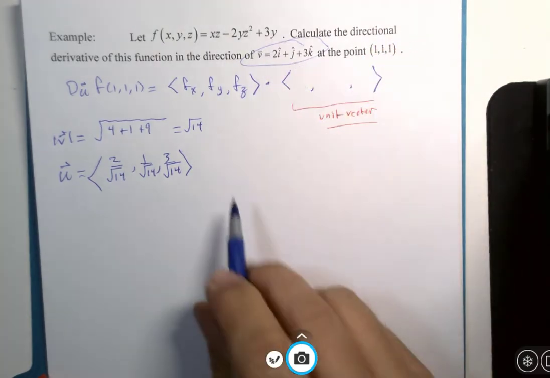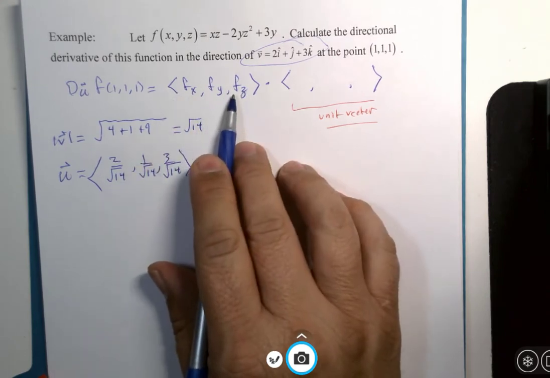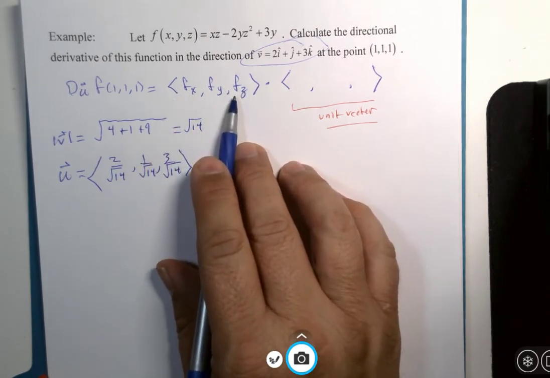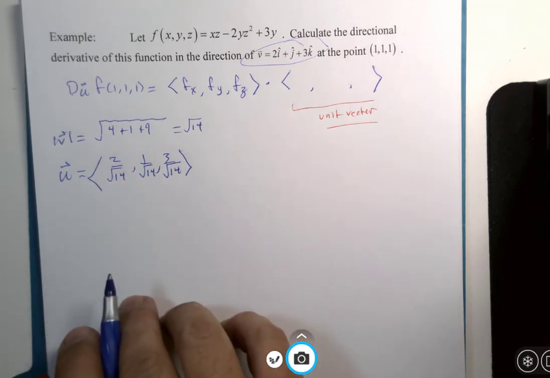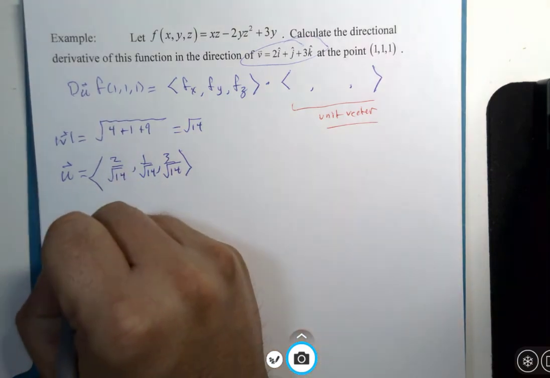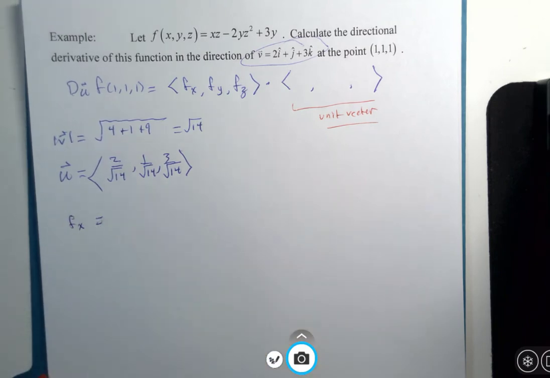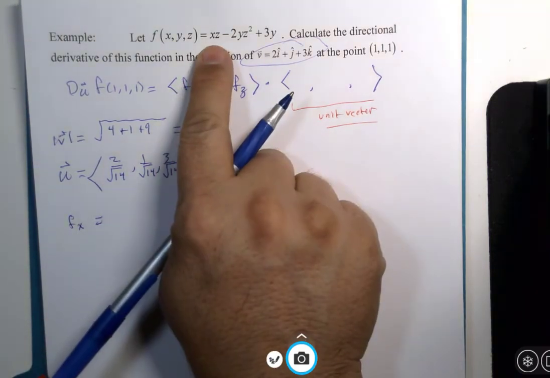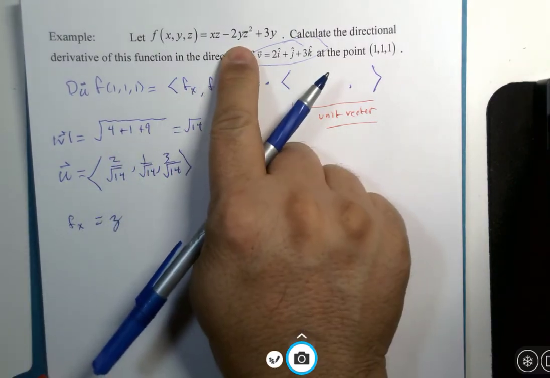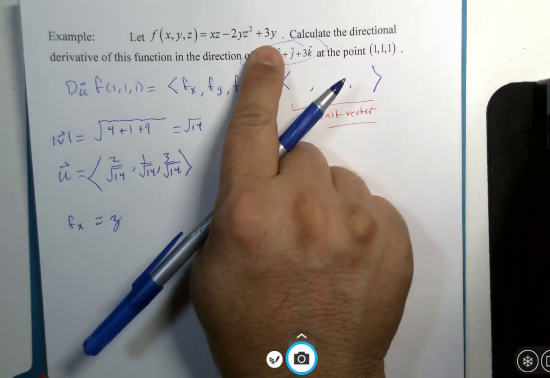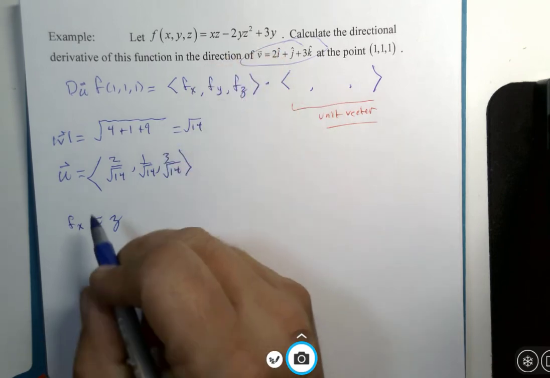Alright, so you know what? I don't have these values yet, so let me just take a moment before I worry about filling in the blanks. I'm going to use this side of my paper to do computations. What is the x partial derivative? Well, derivative of x is 1. That leaves me with a z. There's no x here, so that's 0. There's no x here, so that's 0.